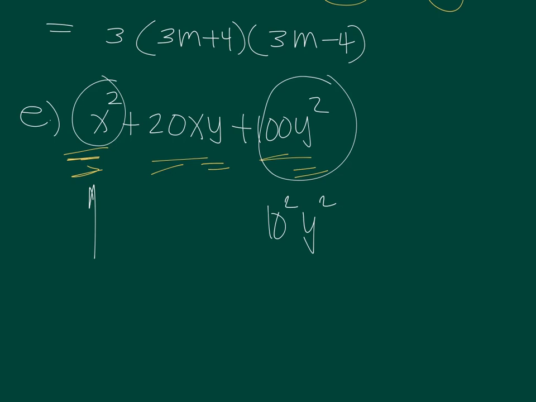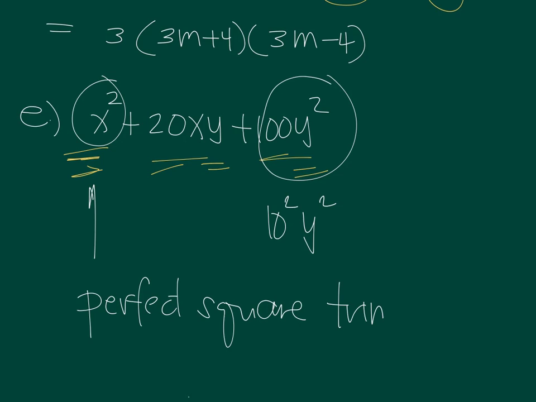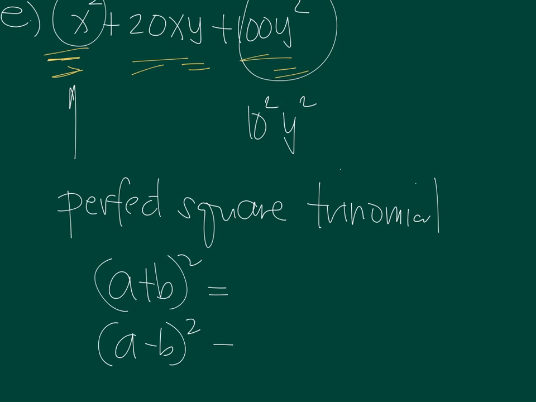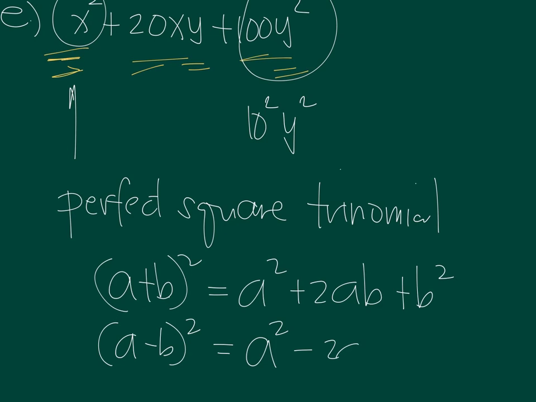When you have a perfect square trinomial, this expression could come from a square of a binomial. It could be (a plus b) squared or (a minus b) squared. And the expansions are a squared plus 2ab plus b squared, and a squared minus 2ab plus b squared.